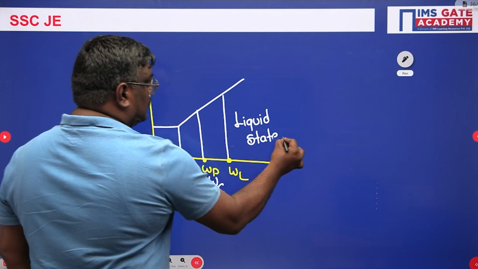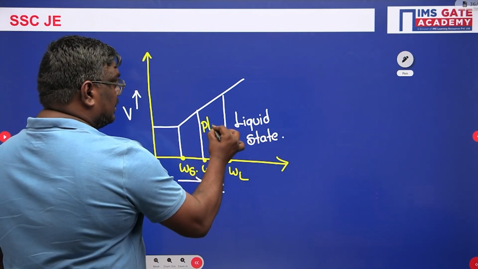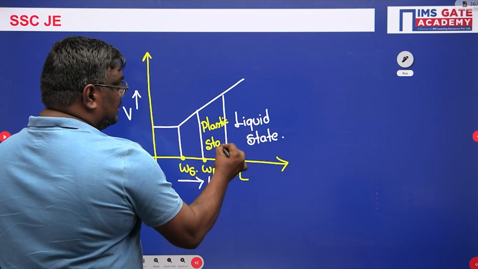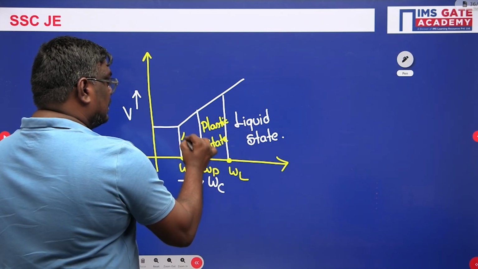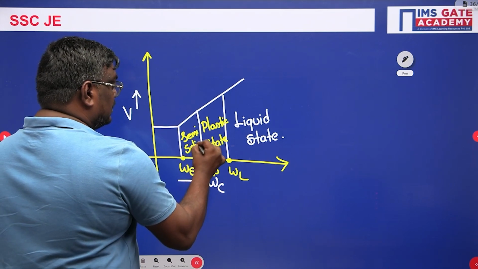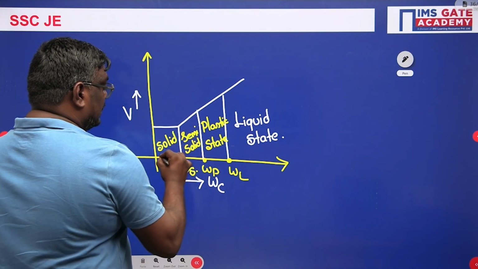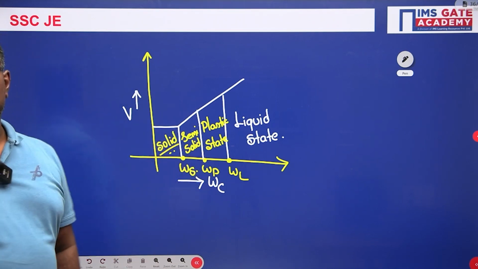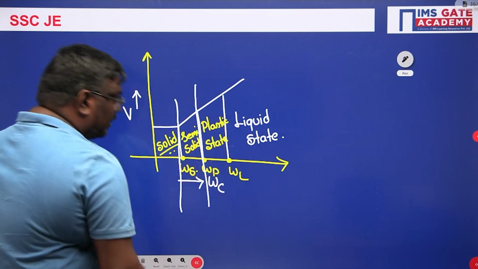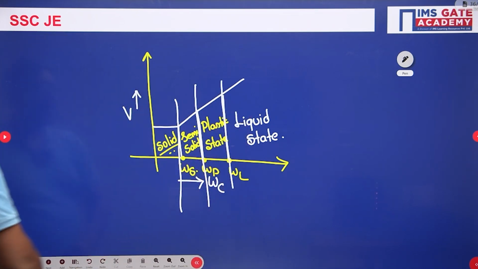The state of the soil between plastic limit and liquid limit is plastic state. Between shrinkage limit and plastic limit, it is semi-solid state. And here it is solid state. So what is the problem they have given?